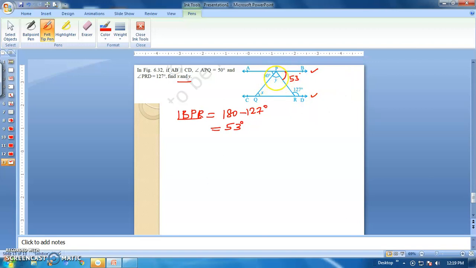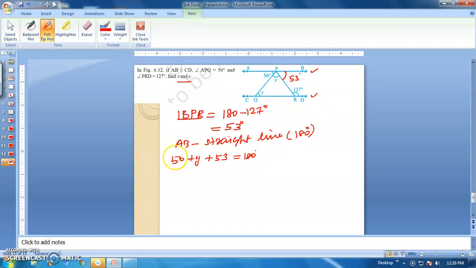Okay, and they're asking the Y value. How can you find out the Y value here? So AB is a straight line. AB straight line. So the angle is 180 degrees. So this is divided into three angles, that is 50 plus Y plus 53 equal to 180. Right?